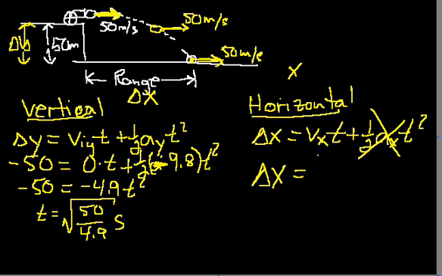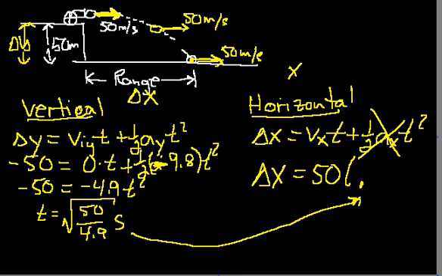All right, delta x is how far the cannonball went in the x direction, what its range was. The Vx, velocity in the x, we know is 50. That's what we started with, and that's what it continues. The time, though, is whatever this value is here. We're going to plug in for time, whatever this number was, 50 over 4.9.